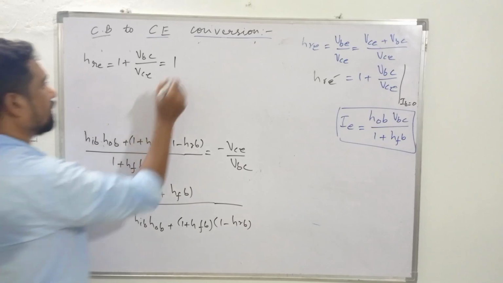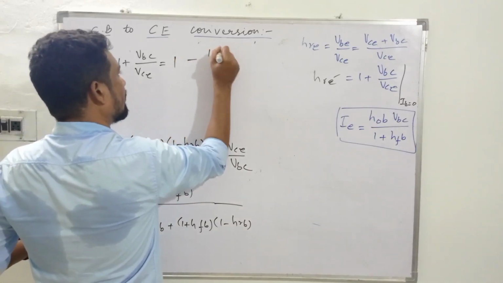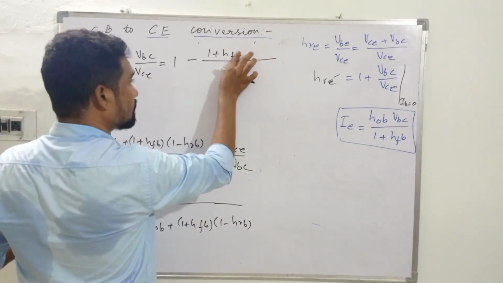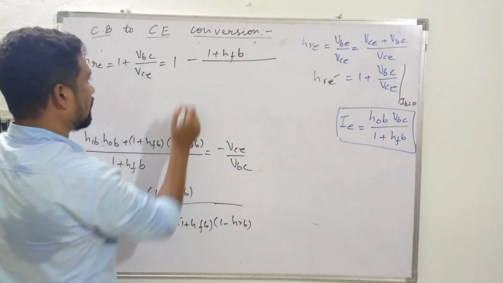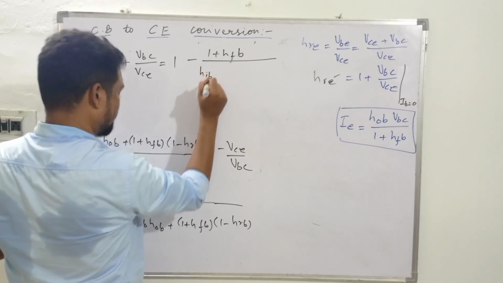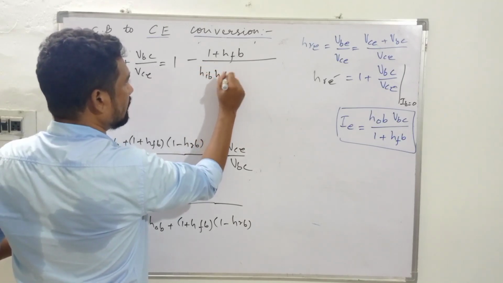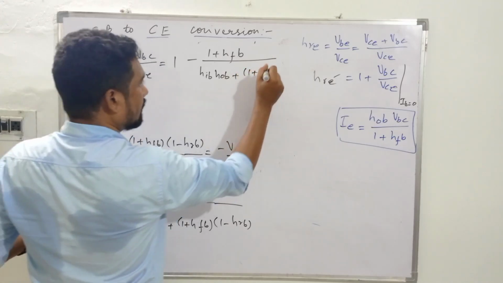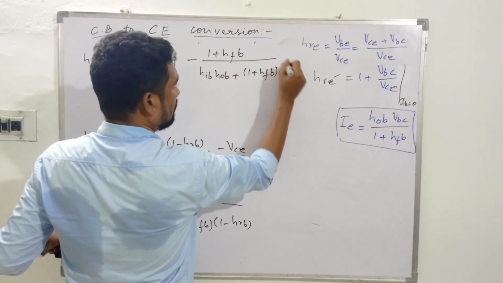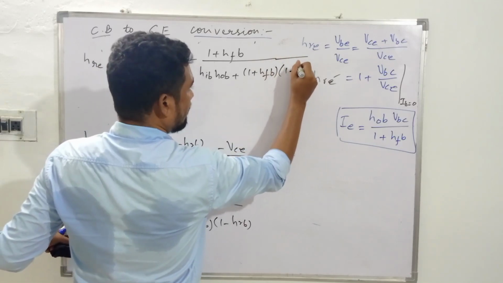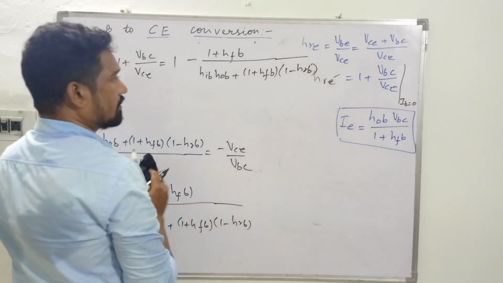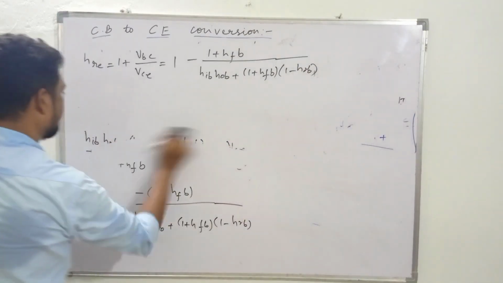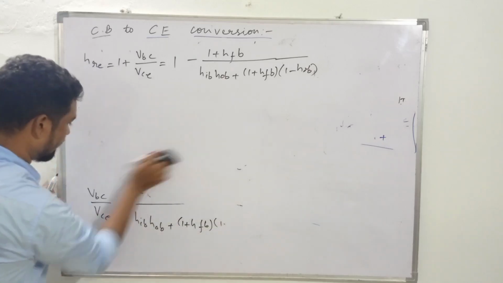This ratio is negative, minus 1 plus HFE upon HFB, I am sorry, HFB upon HIB HOB plus 1 plus HFB into 1 minus HRB. All right, so that will give us the values of HRE, and this can be still simplified further.